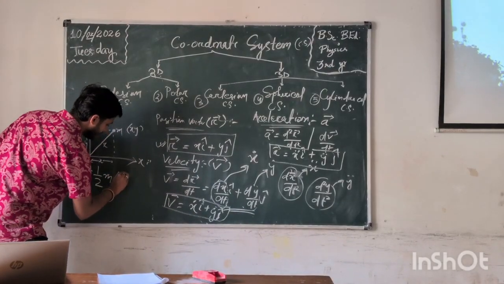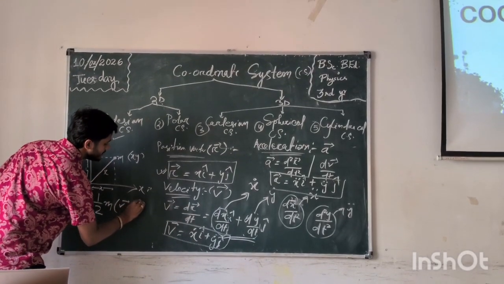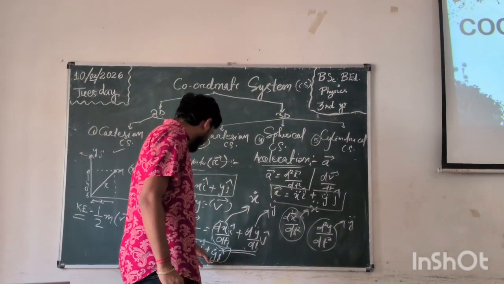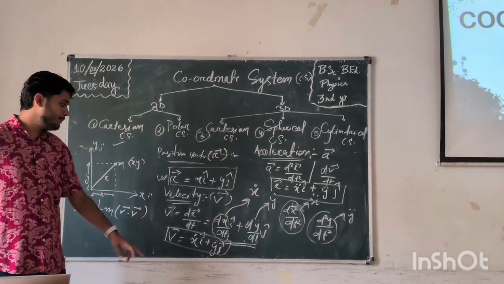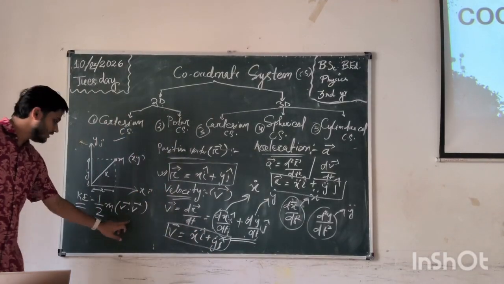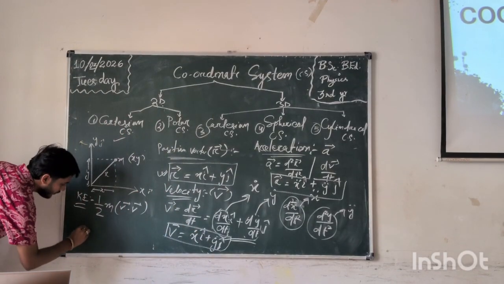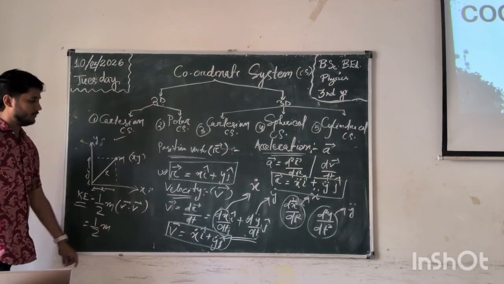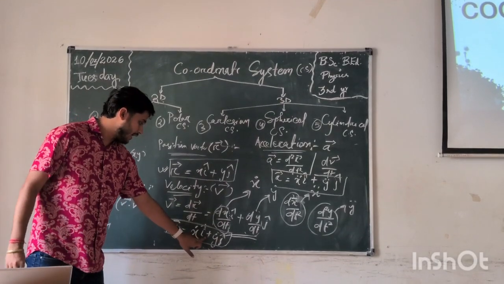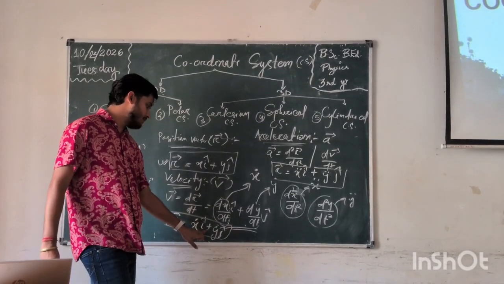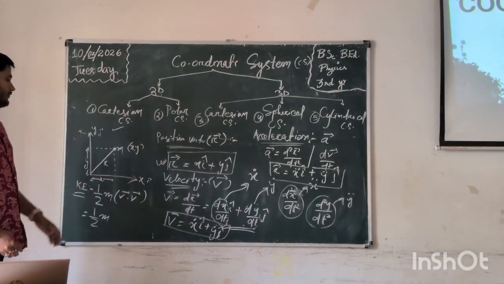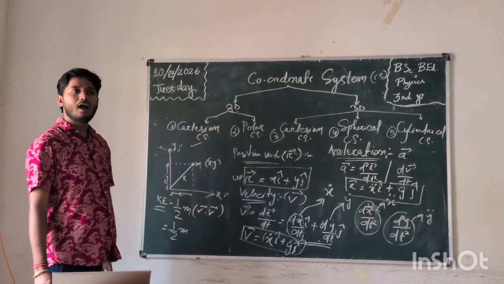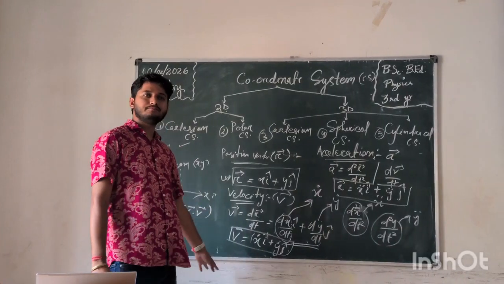If we put this expression x dot i cap plus y dot j cap in this equation, what will we get for our kinetic energy? Half m times x dot i cap plus y dot j cap dotted with itself. If we do the dot product, what is the final expression?